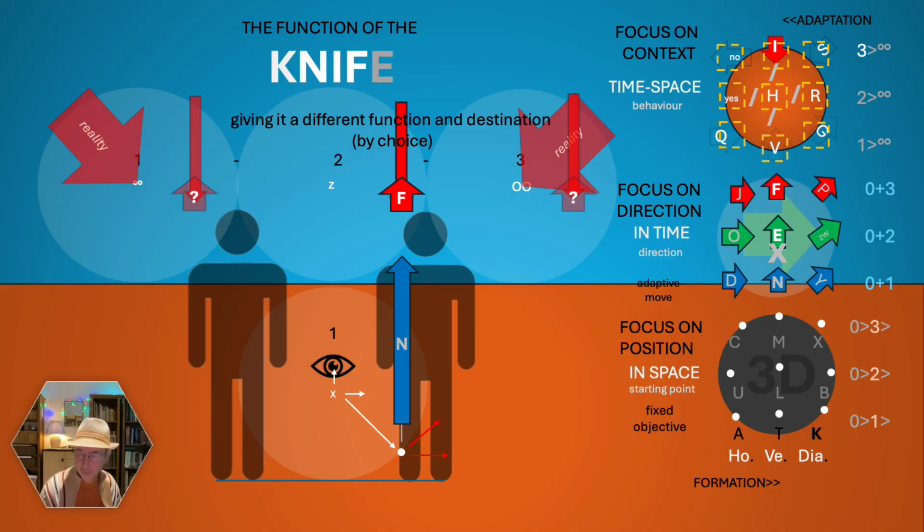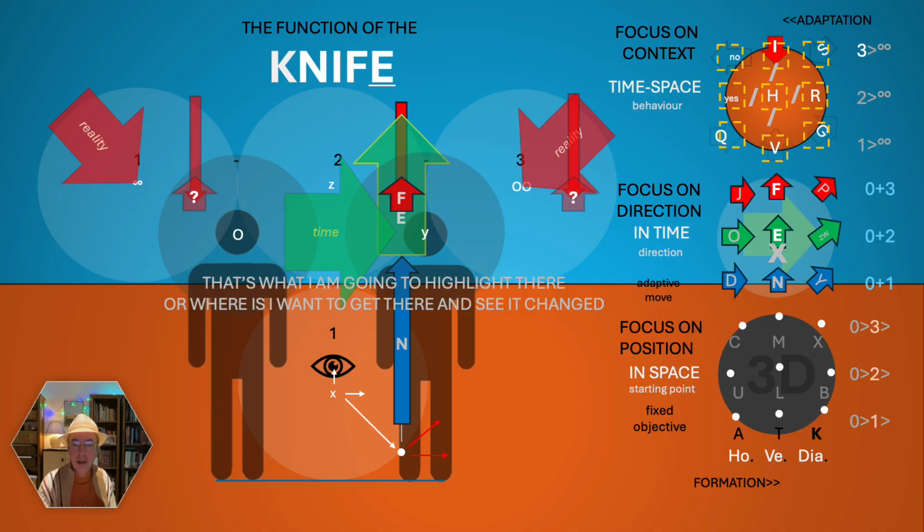And this F letter, which follows next, is also saying that I will give it at the same time a different function, a different destination by choice, or I even do this performance of cutting something out or performing it by choice in a certain direction.